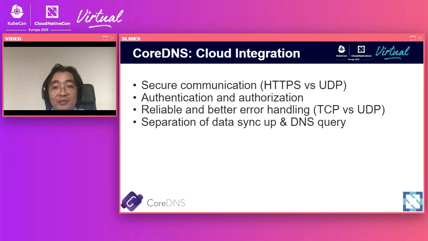Because it's HTTPS, it's also much more reliable, because TCP is much better in error handling, and TCP is connection oriented. Finally, with HTTPS, you can separate the data sync and the DNS query into different channels, so they don't compete with each other.